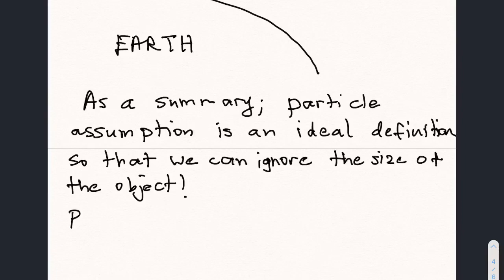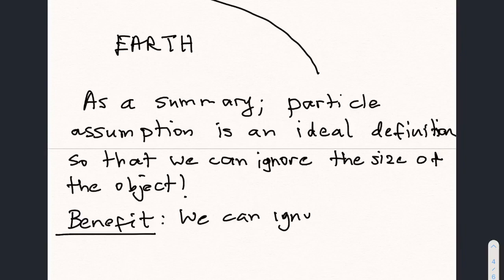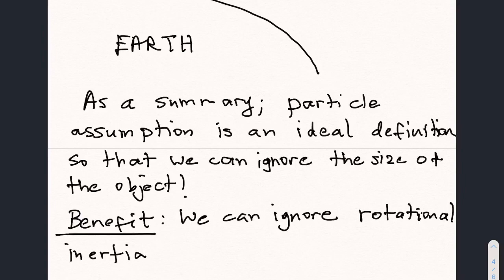So the benefit here is we can ignore the rotational inertia of the object, because an object which doesn't have a size cannot do rotation.